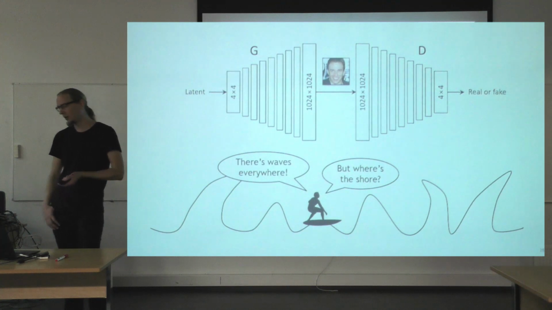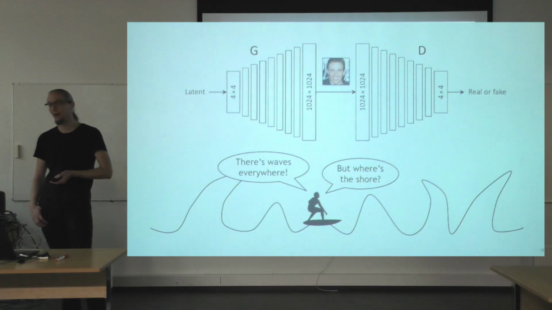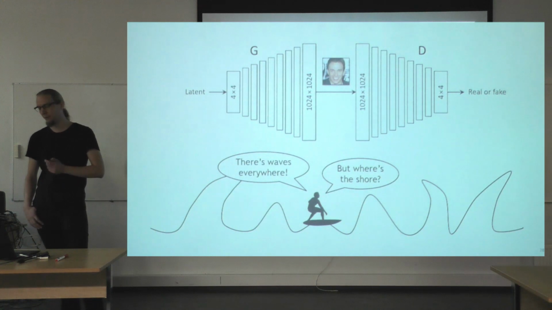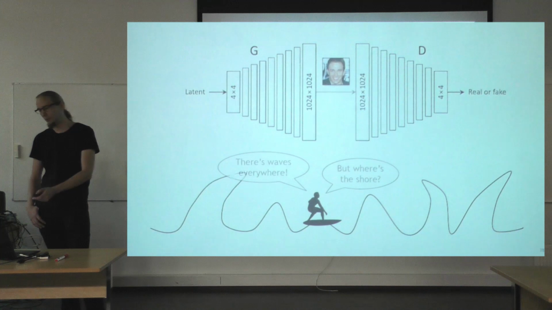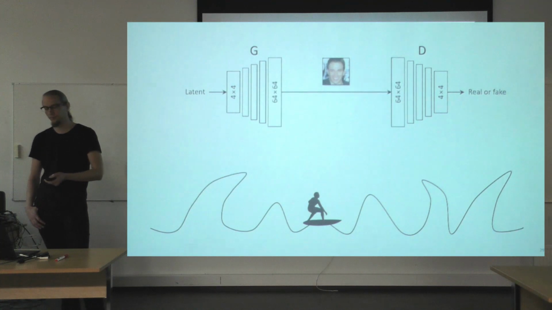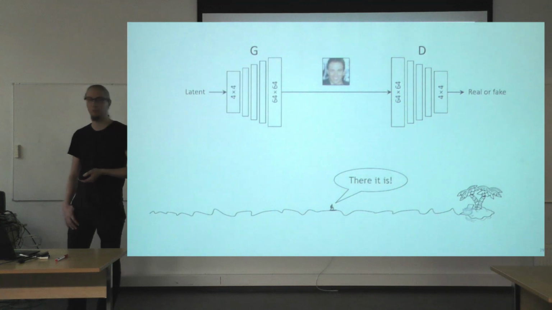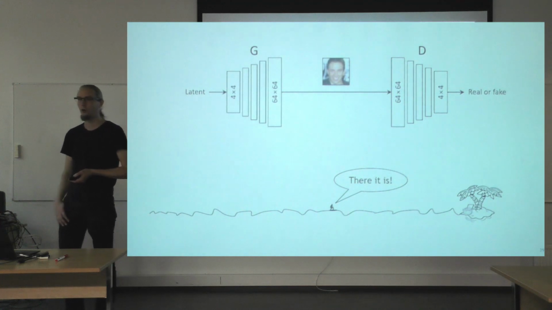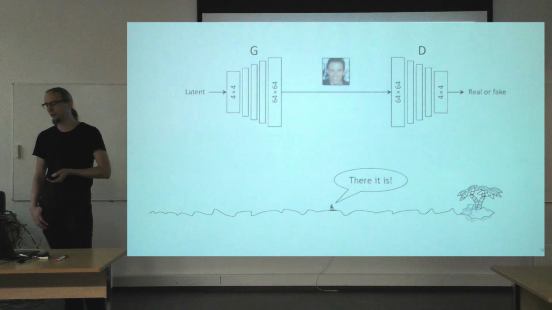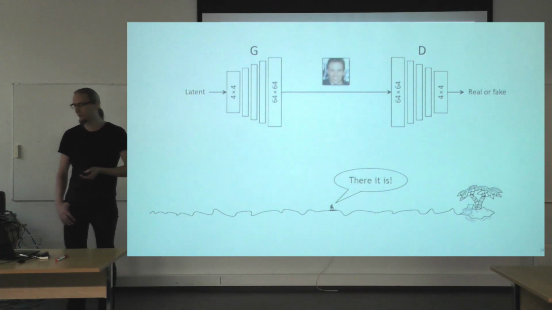Now, we can view the act of decreasing resolution as if we were zooming out. We get a much better view of the big picture, but we can no longer discern the smallest waves and details.